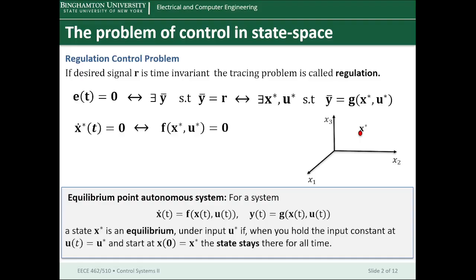In a regulation control problem, the goal is to design a controller that keeps the system's state close to an equilibrium point associated with the desired constant output.